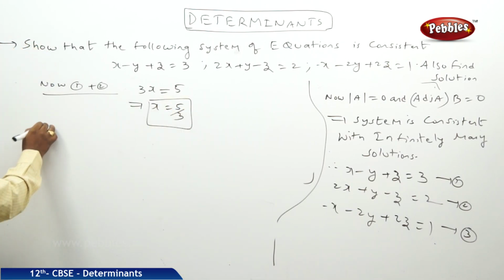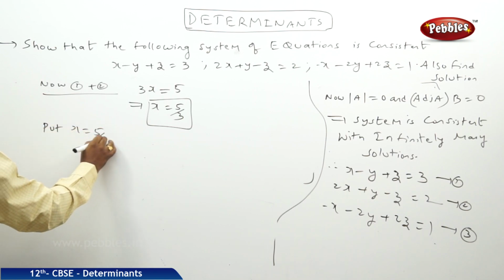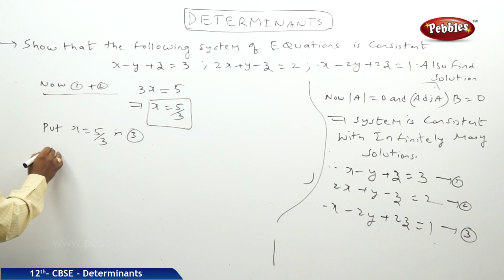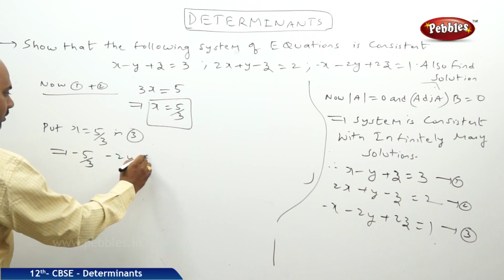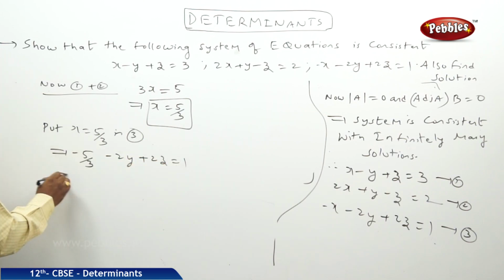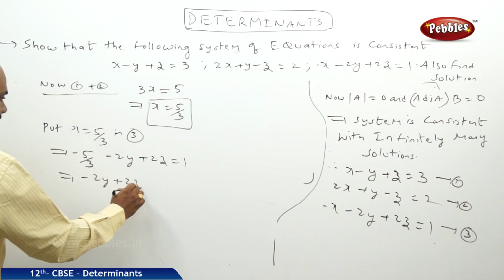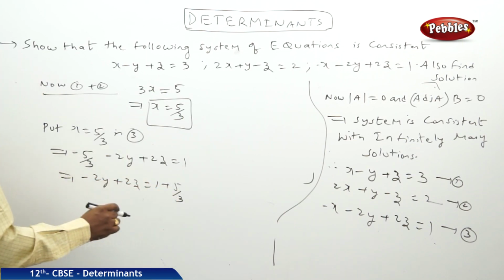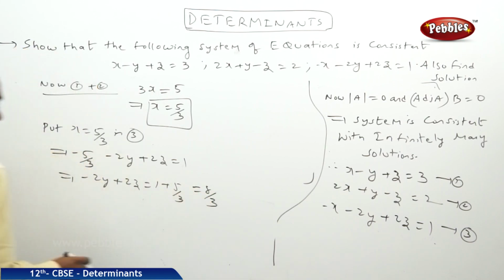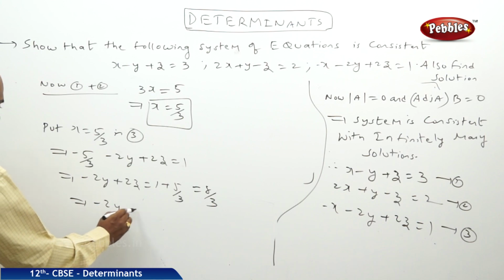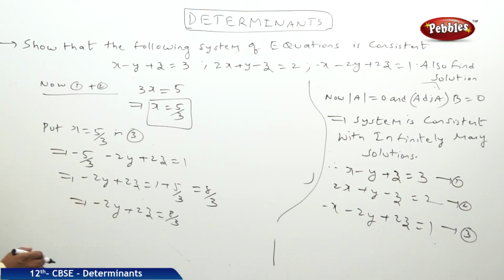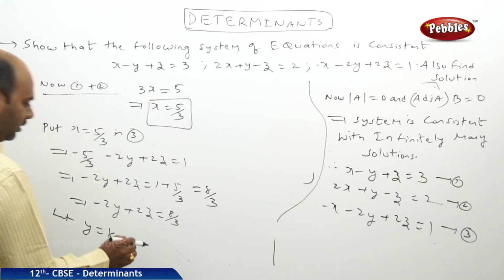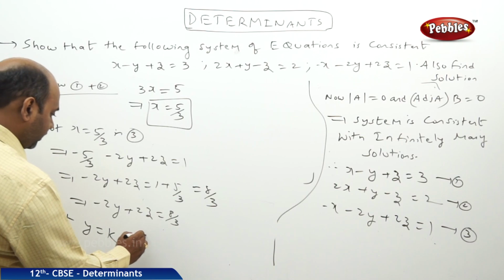Now put x is equal to 5 by 3 in 3. So 5 by 3 minus 2y plus 2z equal to 1. So minus 2y plus 2z is equal to 1 minus 5 by 3, that is equal to minus 2 by 3. This time let y equal to k, I will be keeping. If I keep y is equal to k, what happens?